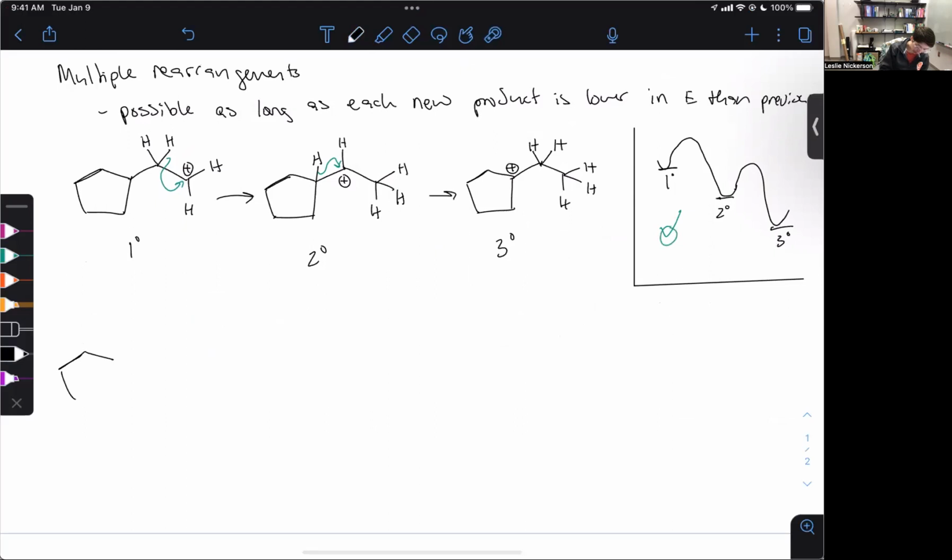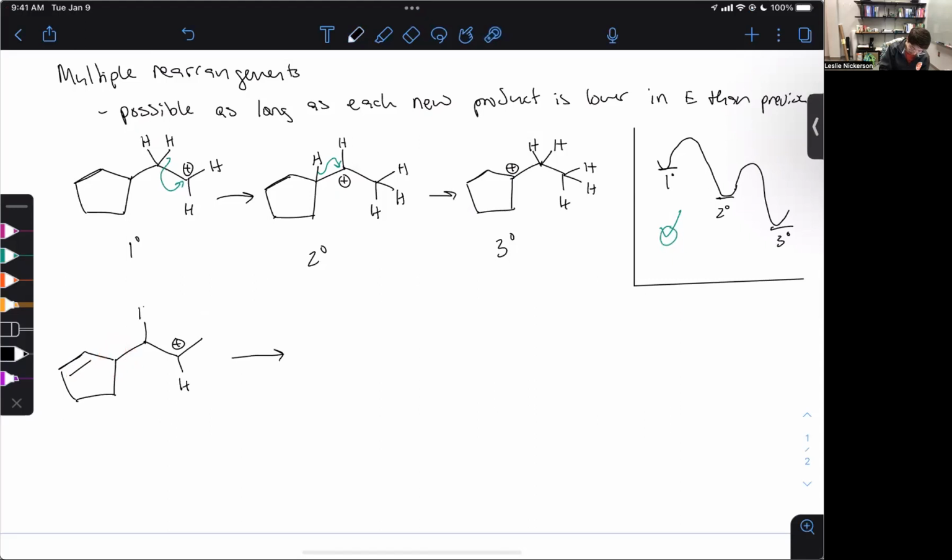So let's pull up a similar compound here. If I'm looking at this, I've got a secondary, but it's really tempting that I'm looking over there at that tertiary, and maybe I'll even make it more tempting and throw in a pi bond over here. So we really, really want to get over here because that's going to be a really big energy decrease.